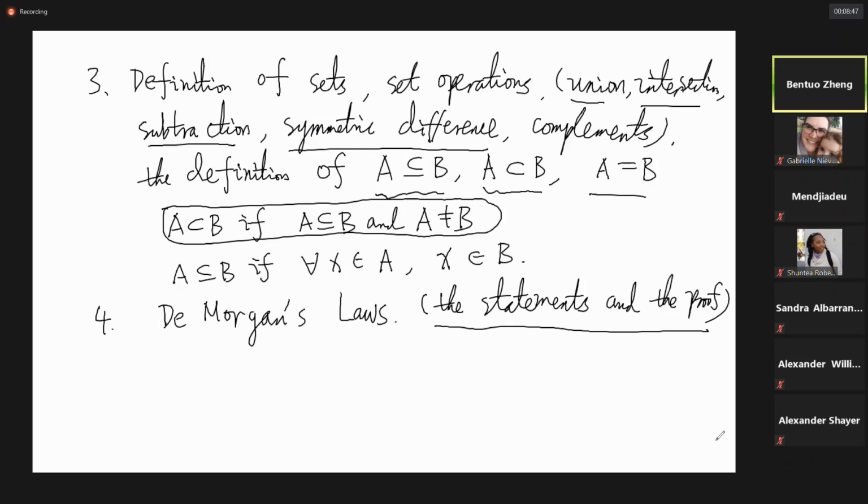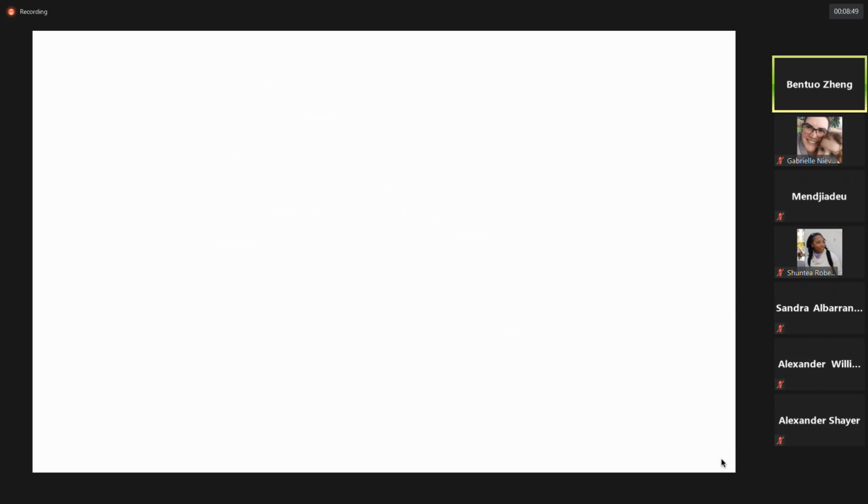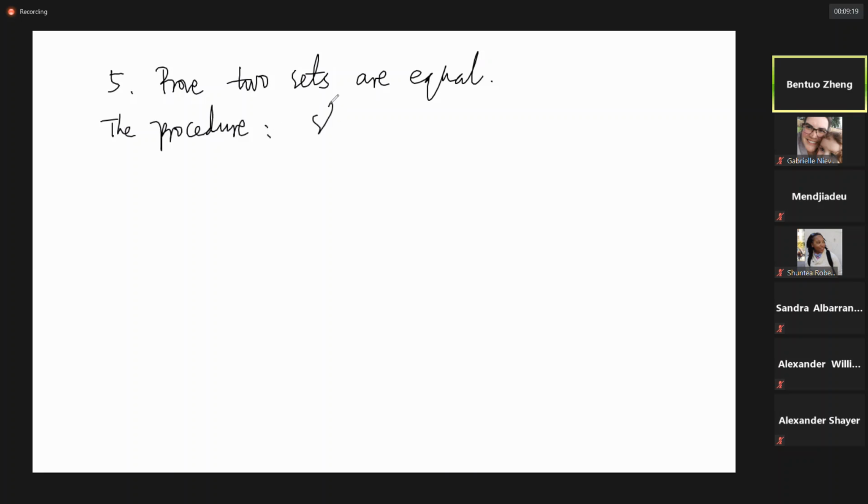So let me go to the next page for problem number 5. So prove two sets are equal. Okay, so this is a problem that asks you to prove two sets are equal. So you should remember the procedure, okay? The procedure is step 1.